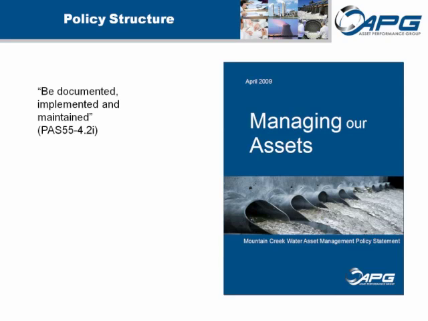Now, there's two of the elements that actually deal with the structure of the policy itself. The first one is pretty apple pie and motherhood. Be documented, implemented, and maintained. So the structure of the asset maintenance policy is defined by PAS-55. It simply states that it must be documented. However, we believe this needs to be formal.